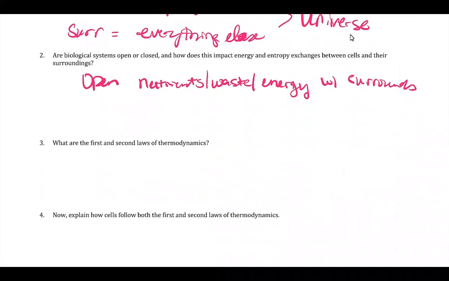So what are those first and second laws, right? And why did we think we're going to be violating them? So what's our first law? Our first law is that energy is not created or destroyed.